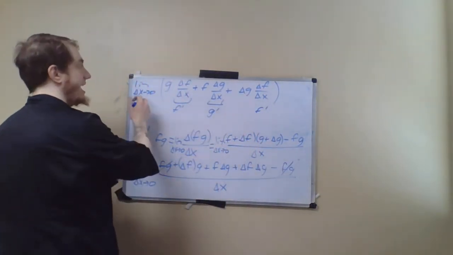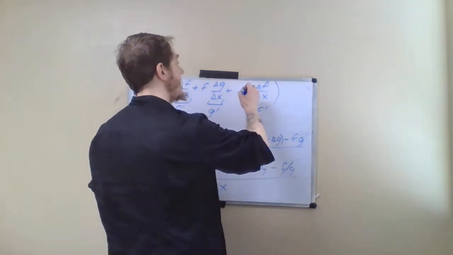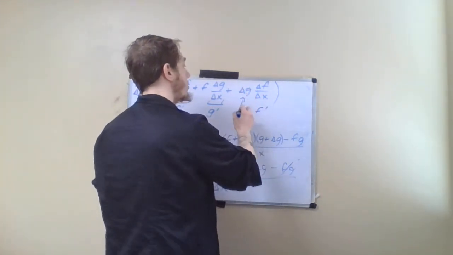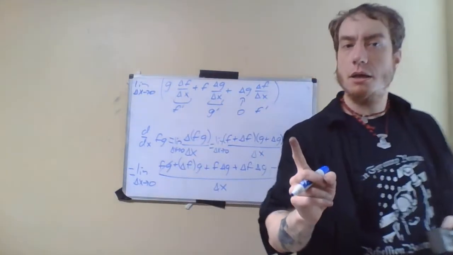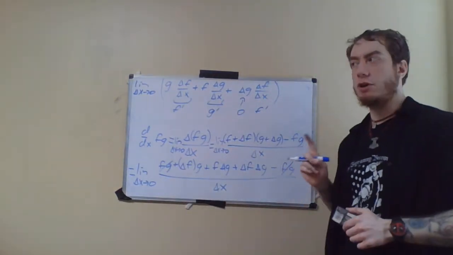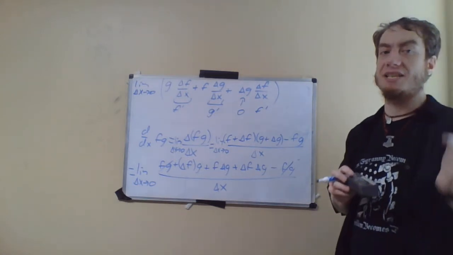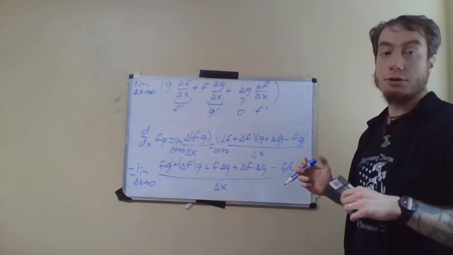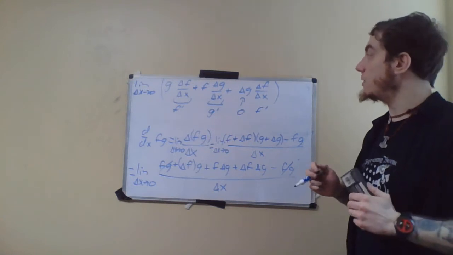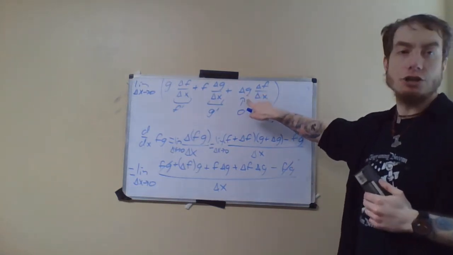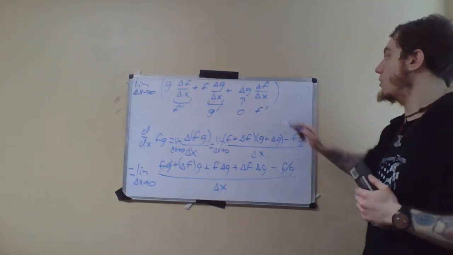Also, as delta x goes to 0, delta g goes to 0. Why? We said that these are differentiable functions. We were given f prime and g prime, so we're assuming their derivatives exist. Because their derivatives exist, they have to be continuous, and that means the change in g is going to have to be going to 0.